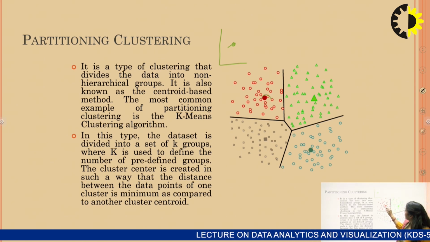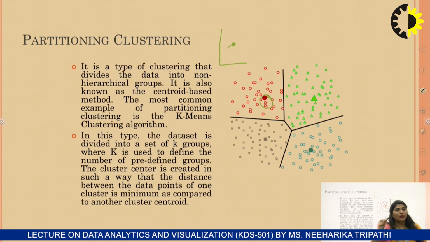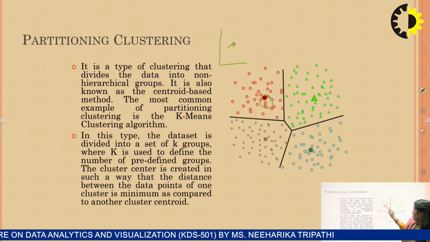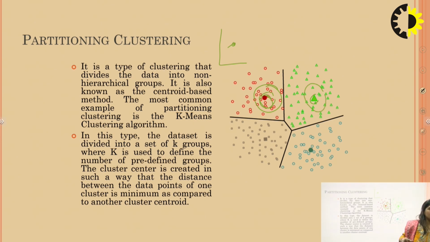So we can see all the values here have less distance from the centroid. They are not far. So we can say these are grouped in one single cluster. In the same way, this is another centroid, and the points that have minimum distance from this point will be selected.